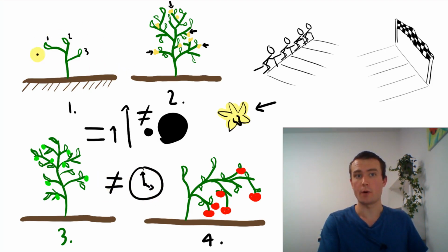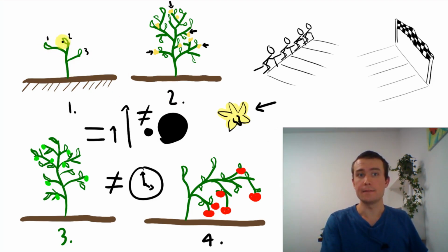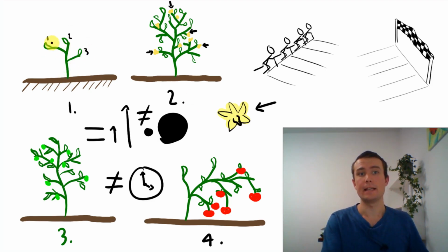In the first drawing, there's only leaves. The plant only has leaves. 3 leaves.